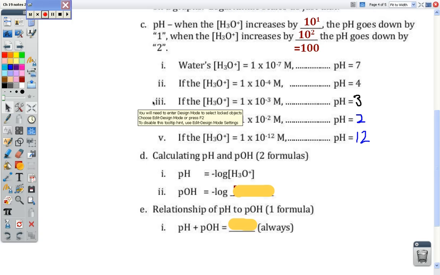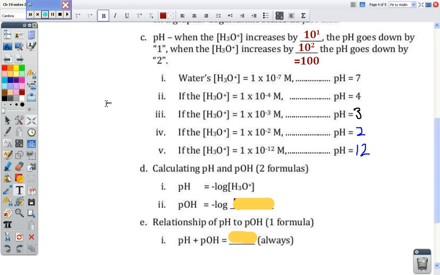Now, what if you have numbers in between?